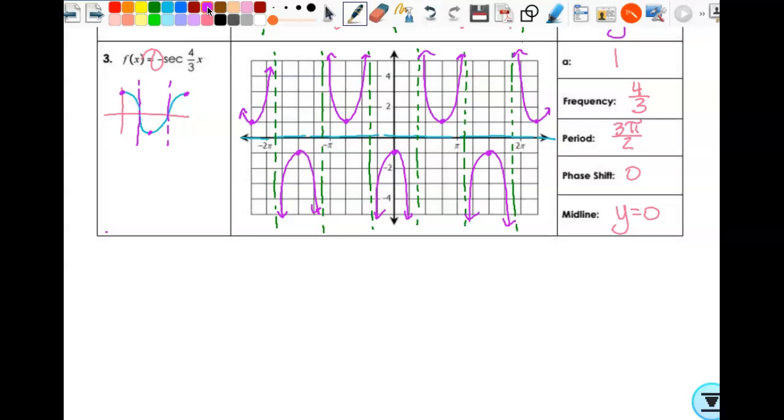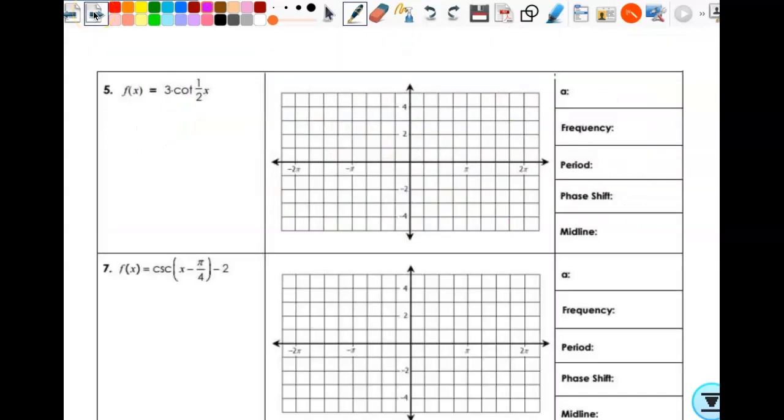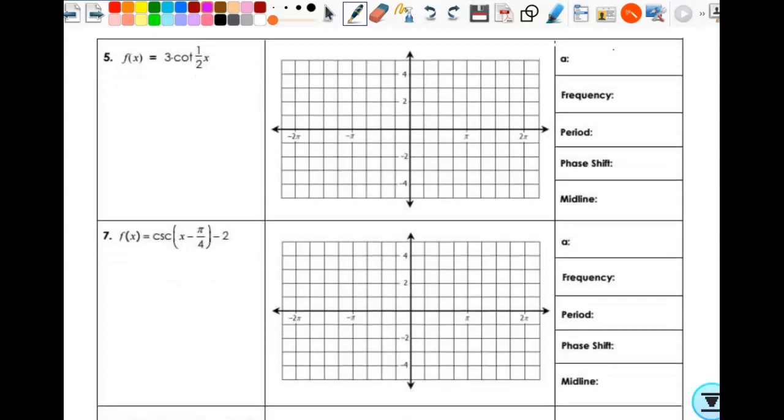Let's do a cotangent. My A here is 3. Frequency is 1/2. So what's the period? 2 pi. Good. Phase shift is 0, midline y equals 0. Cotangent is the reciprocal of tangent, so I'm going to draw a little parent function there.